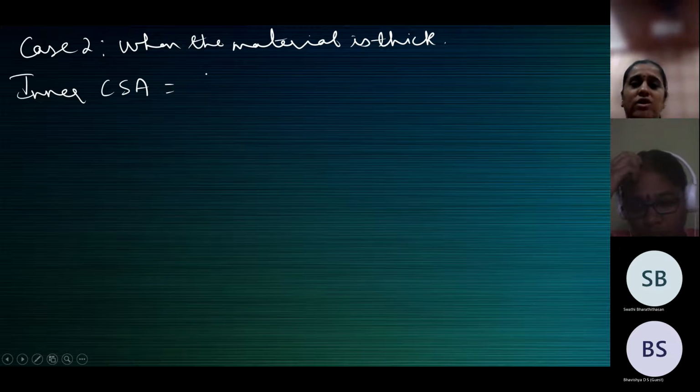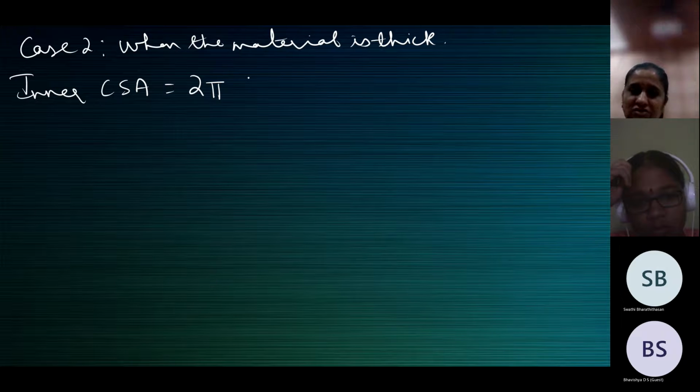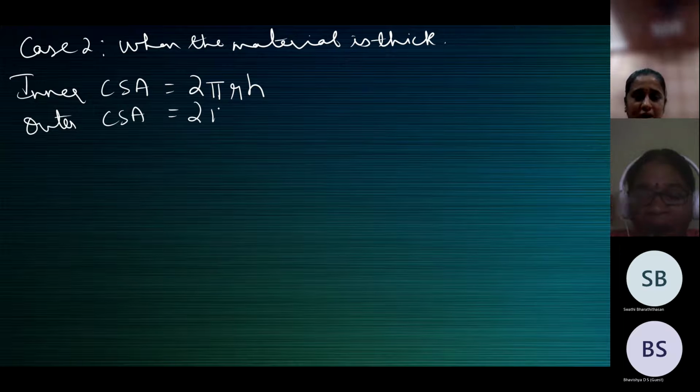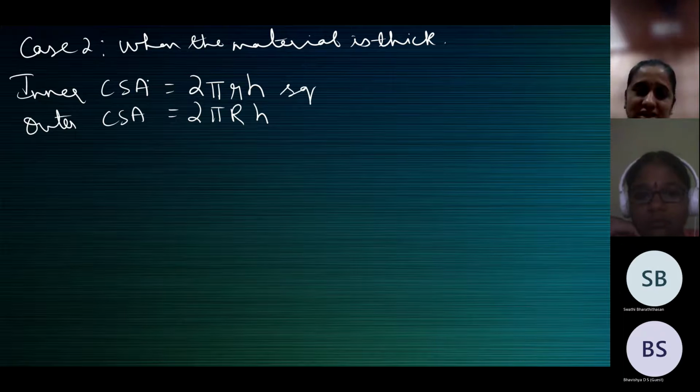See, 2 pi r h is for curved surface area. 2 pi h is the same, with small r for inner. For outer CSA, it will be 2 pi h, h only, but the radius is capital R, square units. When it is inner CSA, use small r. When it is outer CSA, use capital R, square units.